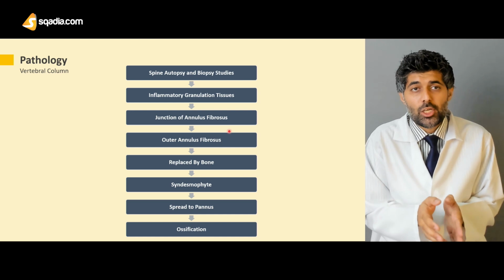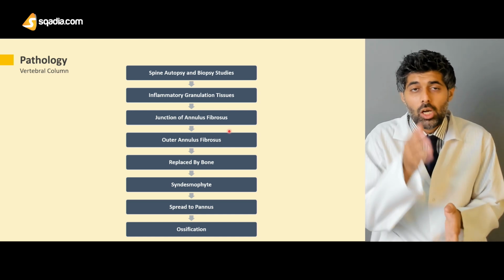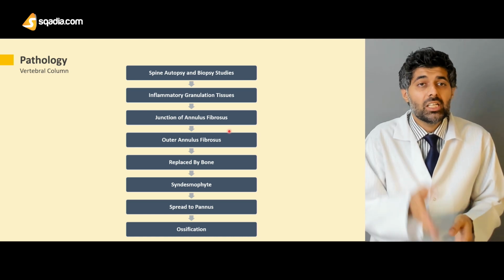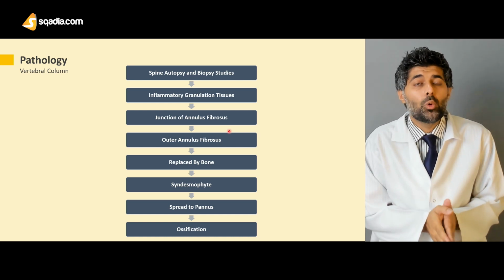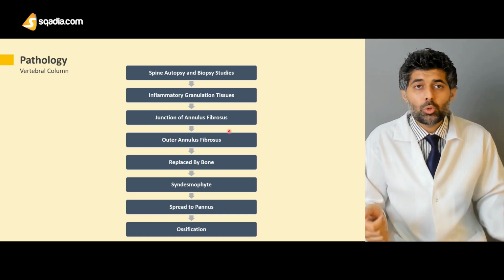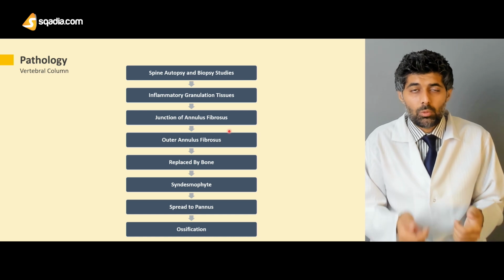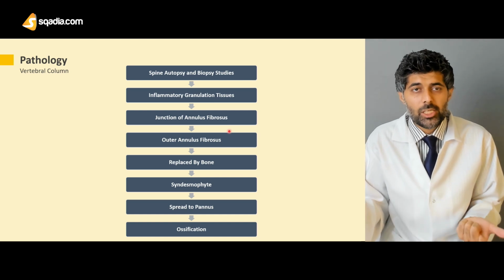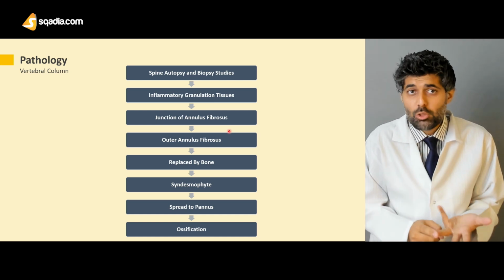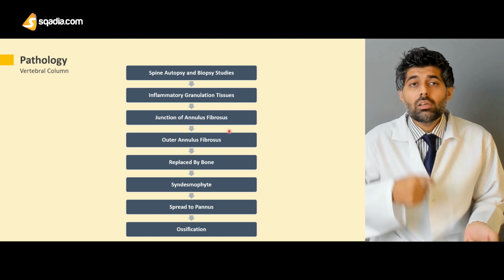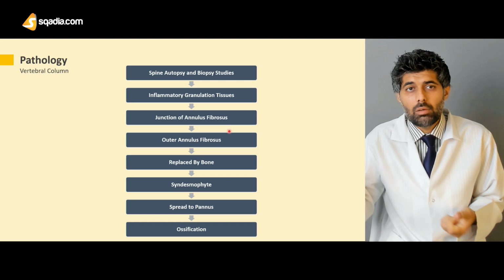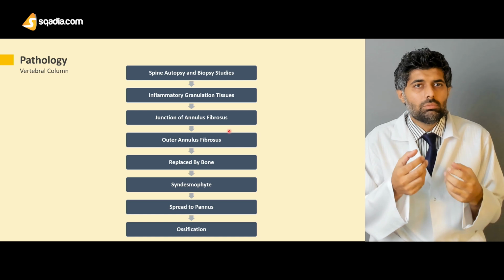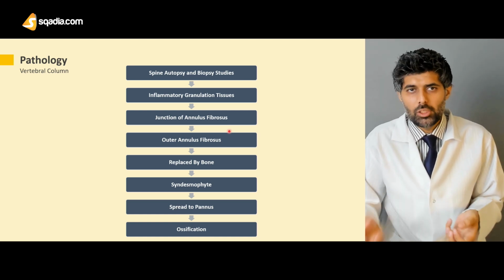Now, this ossification of the whole of the vertebral column will result in ossification of all of the vertebral bodies, resulting in one single bone from the cranium to the caudal area. This results in a lack of the complete range of motion, and makes patients more prone to fracture, sometimes even injury to the nerves.